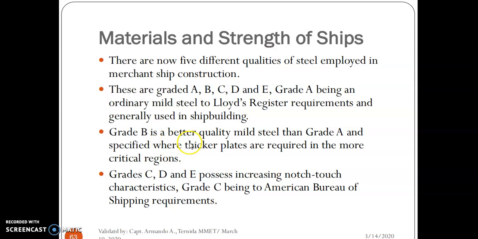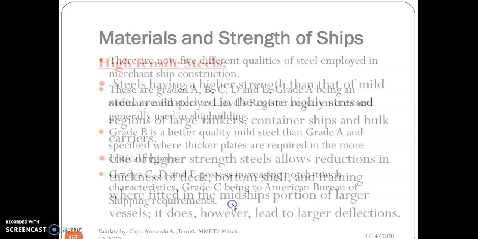Grade B is a better quality mild steel than grade A, and specified where thicker plates are required in the more critical regions. Grades C, D, and E possess increasing notch toughness characteristics, grade C being the American Bureau of Shipping requirement. So the more nag-i-increase ang letter, the more gumaganda yung bakal.